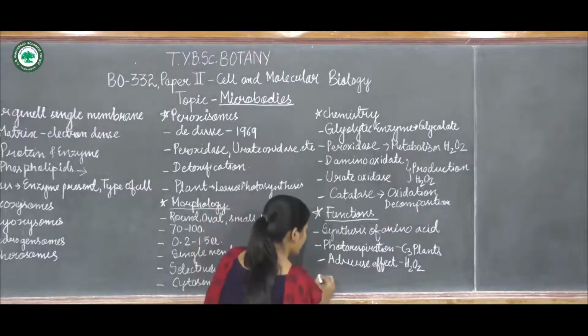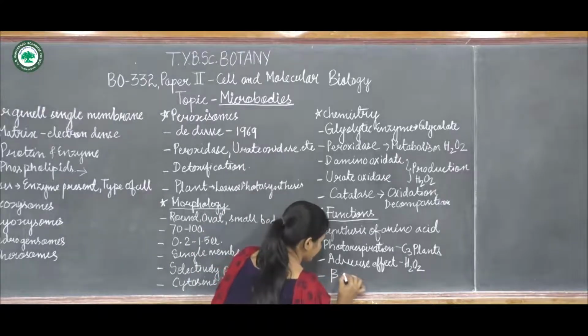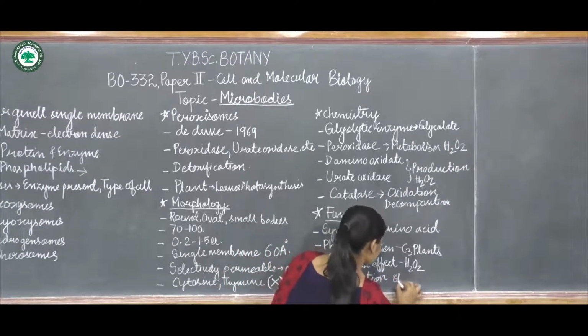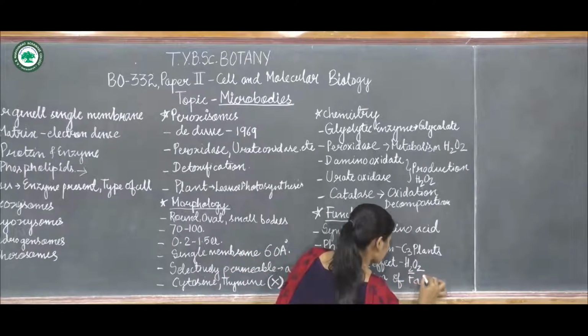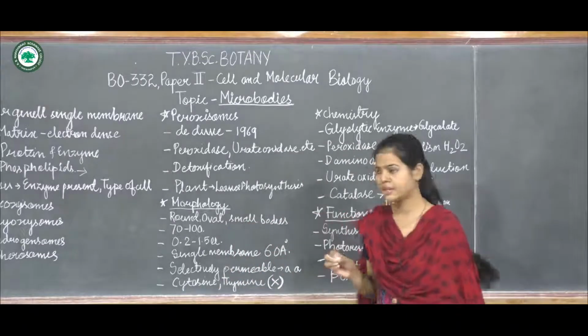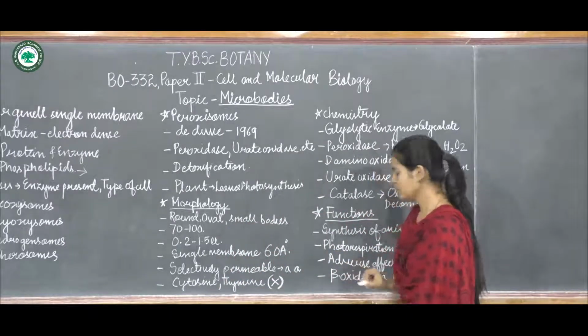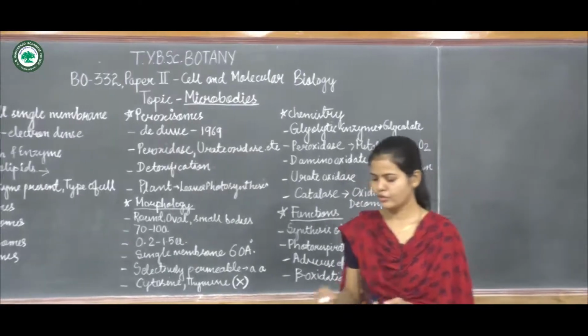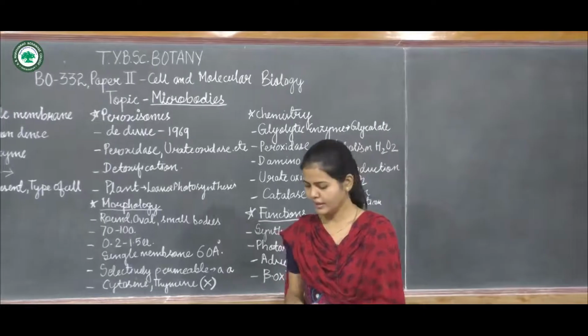Now one more important thing is there, that is the beta oxidation of the fats. This process also occurs in the peroxisome.